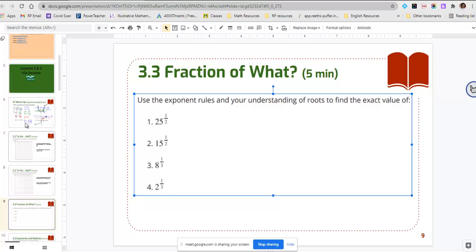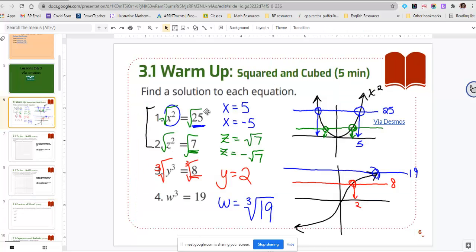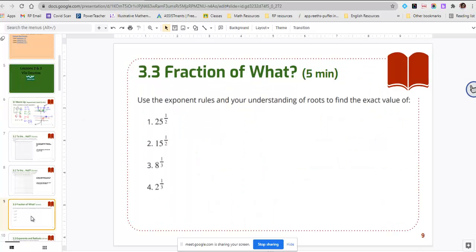So our big idea here is a different way to rewrite and to undo something raised up to an exponent is to use a fractional exponent to make it happen.